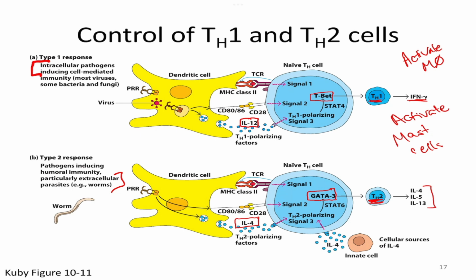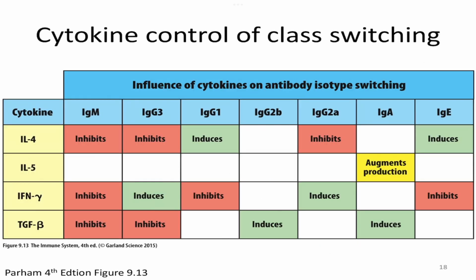As was also described pretty early in our understanding of helper T cell subsets, the particular cytokines that are made by different helper T cell subsets can also change the way different B cells will do class switching.